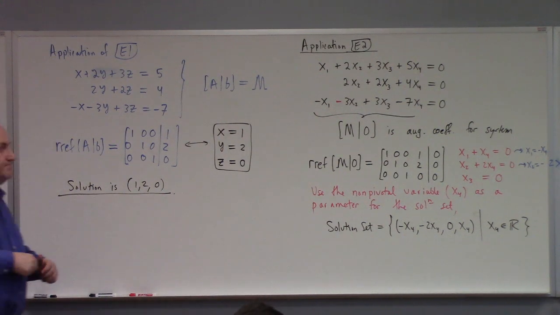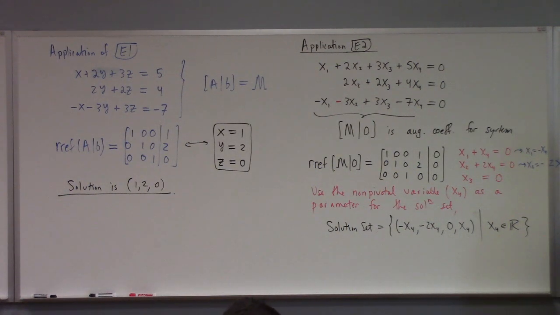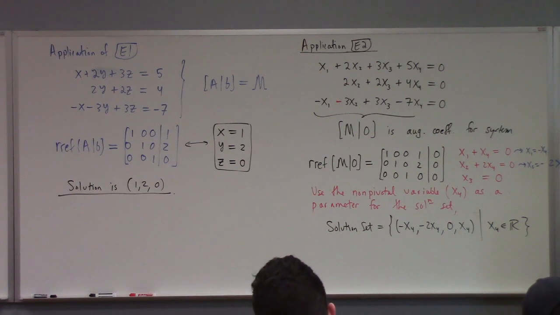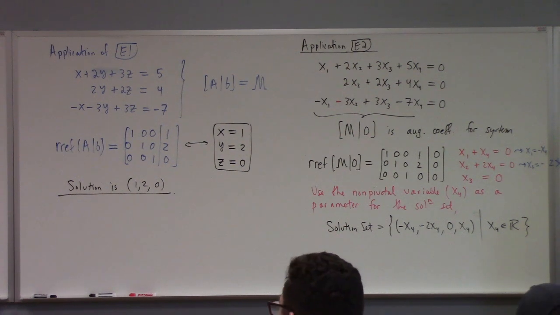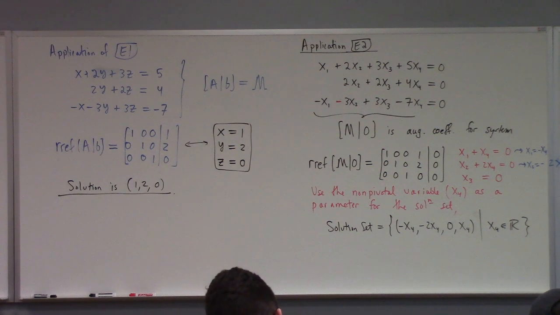So here's a problem. Suppose f of x is equal to a plus bx plus cx squared, and f prime of 0 is equal to 1, and f prime prime of 0 is equal to 2.